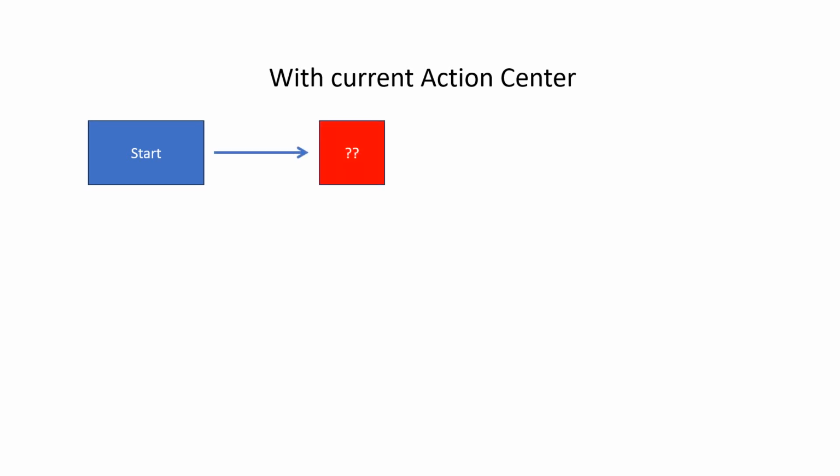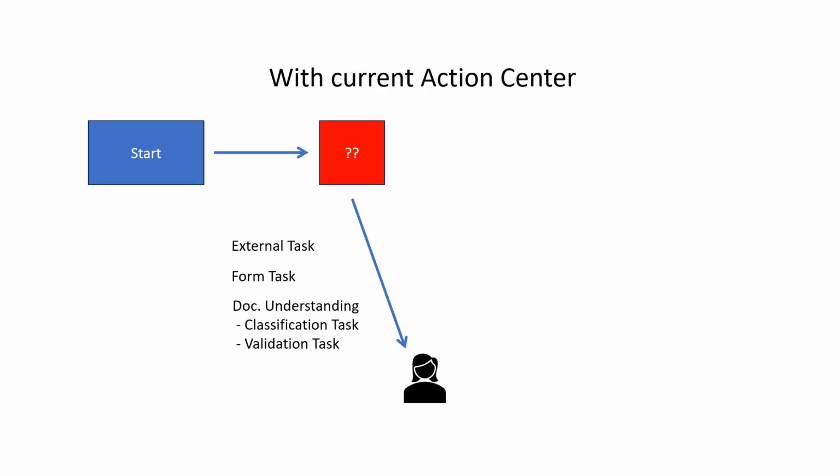So with the current version of Action Center, you can start your process. At some point, it doesn't know what to do. It needs input from a human. It will assign a task to that human or user. And that could be either an external task, a form task, or in the case of document understanding, it can be a classification task or a validation task. And of course, UiPath kind of had a head start there with the document understanding tasks, because those are complex tasks, but it was UiPath's privilege to build those functions into their own product.